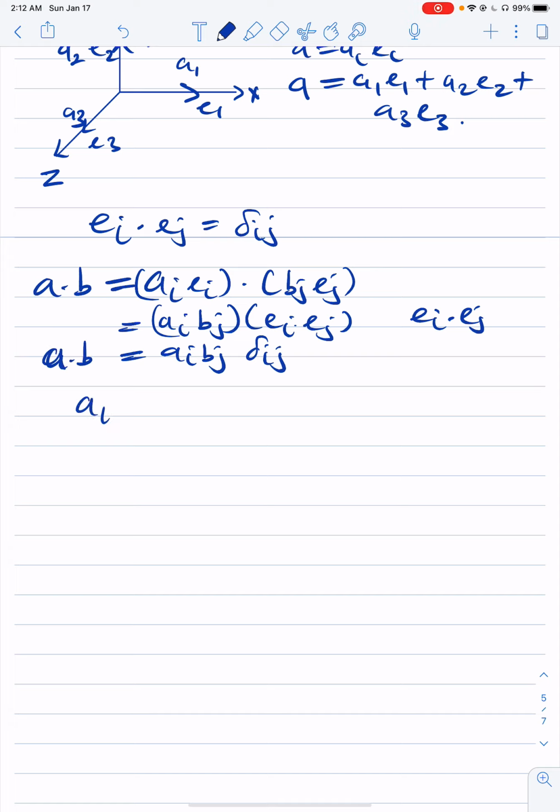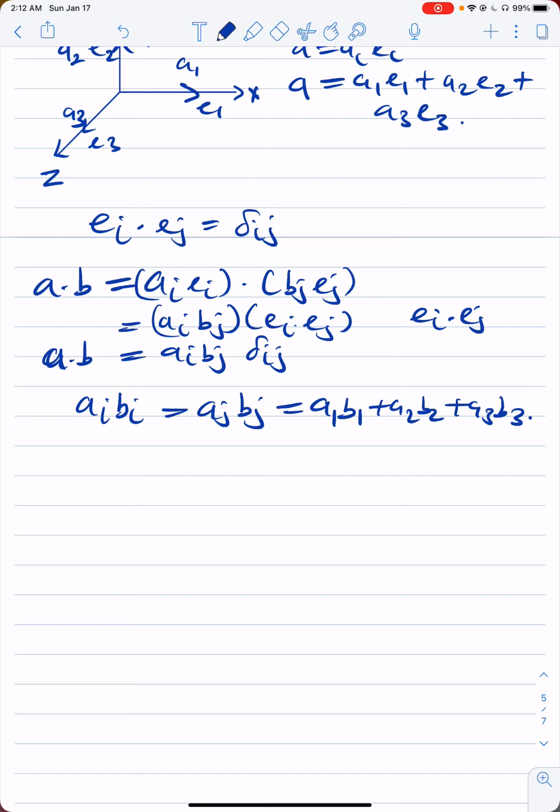Another thing you should also remember is A_i B_i is the same thing as A_j B_j, that's tensorial, and this is the same thing as A_1 B_1 plus A_2 B_2 plus A_3 B_3 if you're expanding. I hope this makes sense.